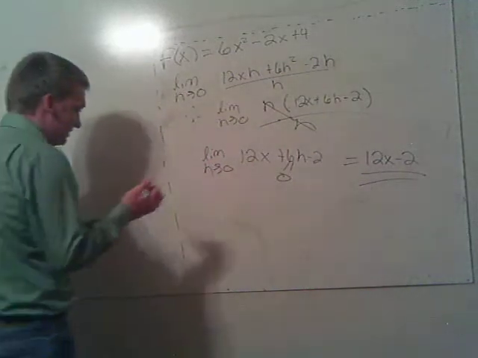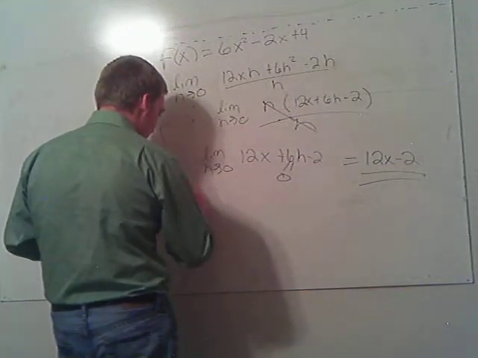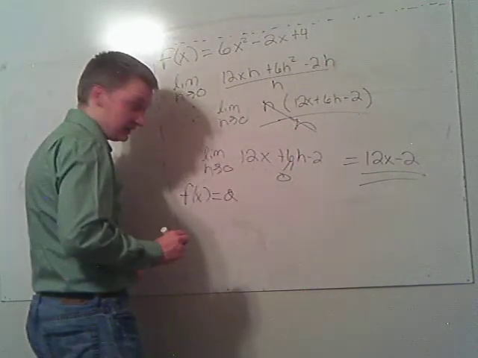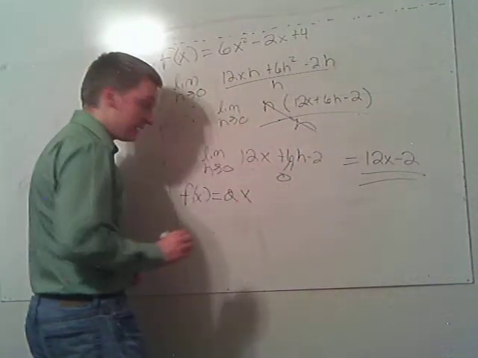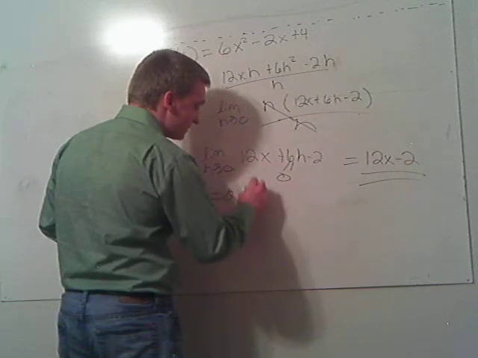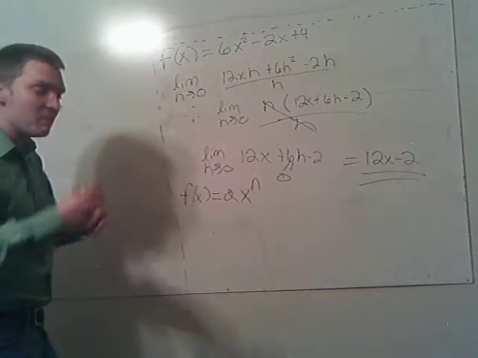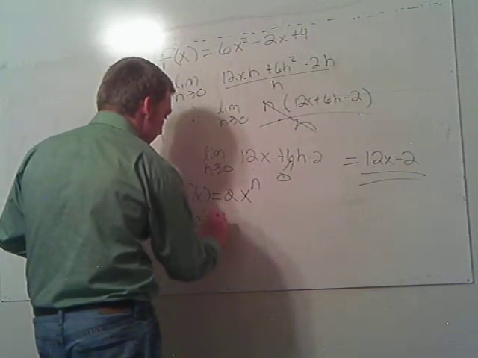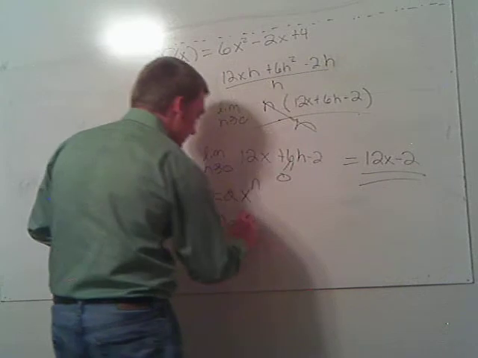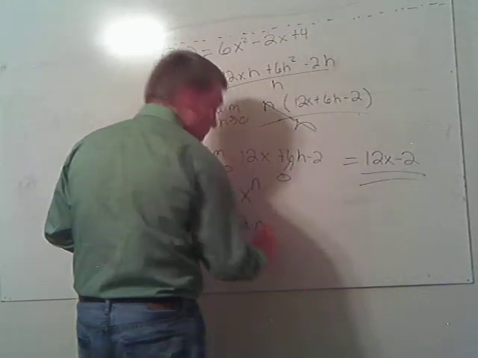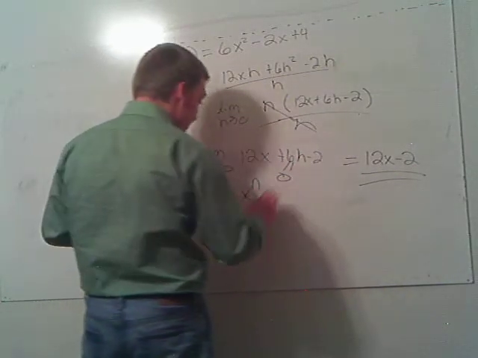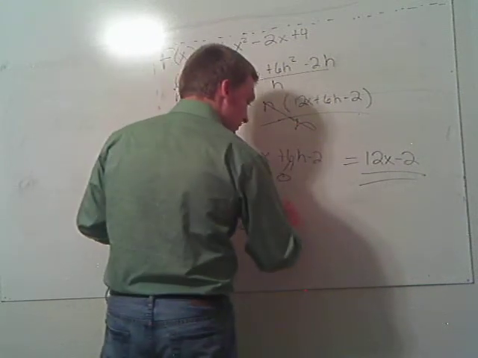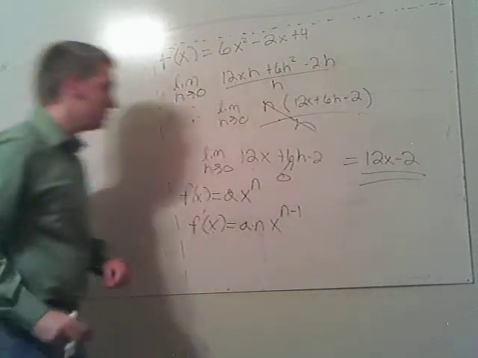That basically states that if you have some function f of x equals a, where a is a constant, times x, where x is a variable, raised to some numerical power n, the derivative of that equals a times n, so your constant times whatever this power is, times your variable x, which is raised to the power n minus 1.